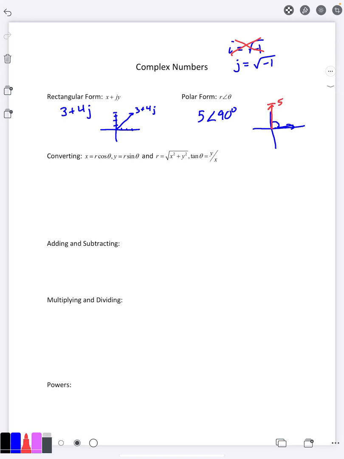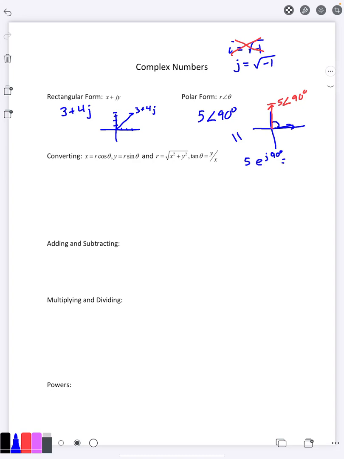So that would be the point 5 angle 90. Now we use this angle notation, but another way to write this that you may have seen before is e to the I theta, or for us e to the j theta, so e^(j90°). It's another way of writing the same number.